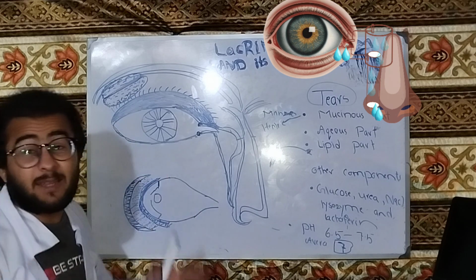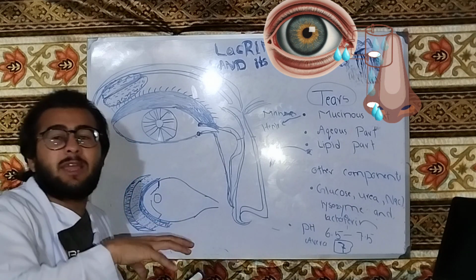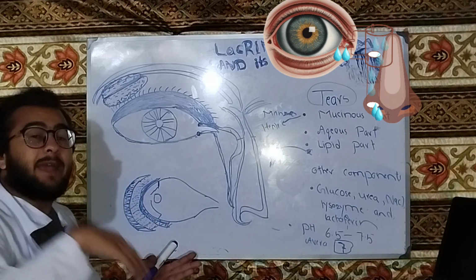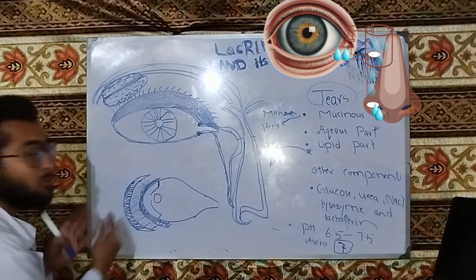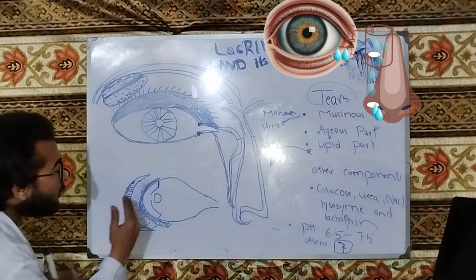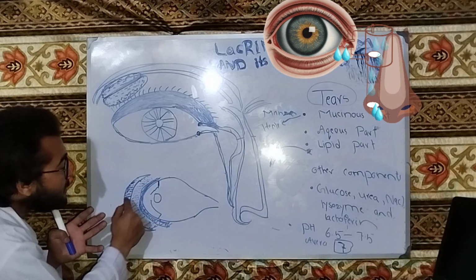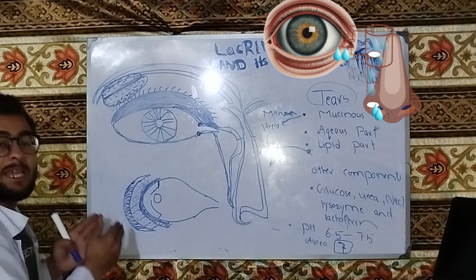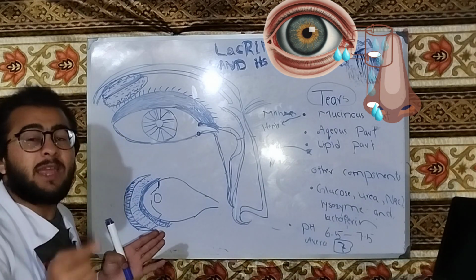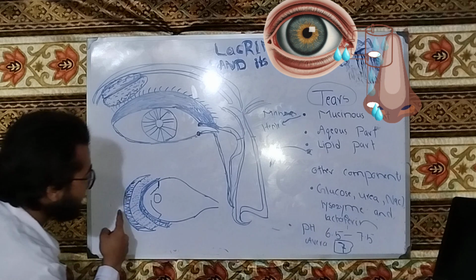So look at nature. It has kept a lid on the aqueous part of the tears. In this way, the tear film is protected from backward as well as from forward. From the back, the mucinous part makes the aqueous part adhere to the cornea, and from the front, the lipid part decreases the evaporation of the aqueous part in order to keep the tear film stable.